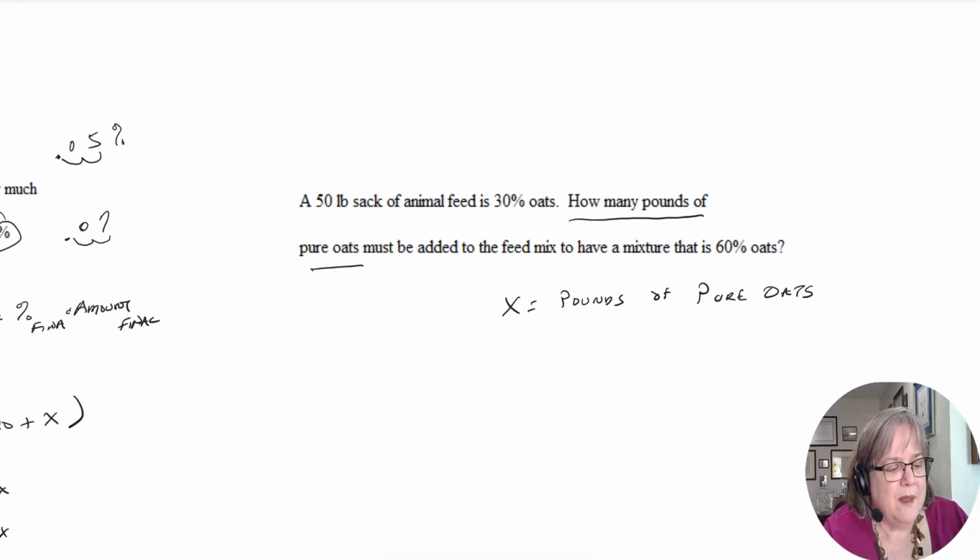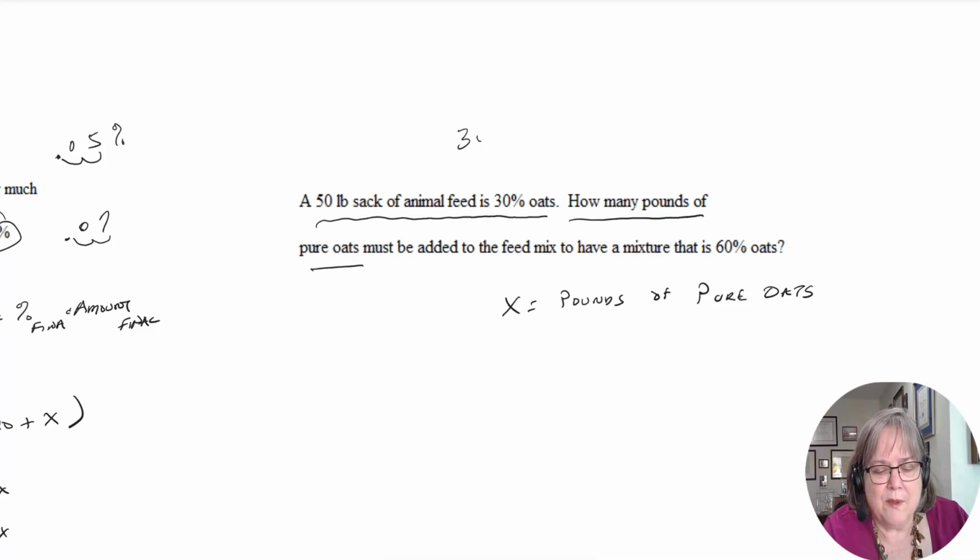All right. So remember, we go percent times the amount plus percent times the amount equals the final percent times the final amount, right? So we're trying to change the percentage of oats. So we start off with a 50-pound sack, and it has 30% oats. What does 30% look like as a decimal?